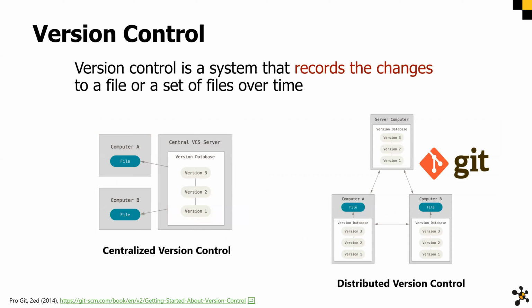The other kind is where the whole library is distributed. Basically, everyone has a copy of the whole library, and everyone can push and pull between all of the copies. This is a very stable and fast way of version control. We'll come to more of it later on. And this is a very safe way of collaborating where there's no single point of failure.